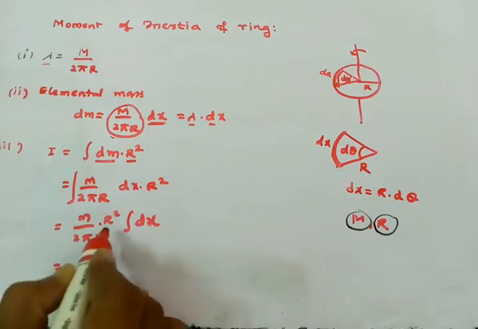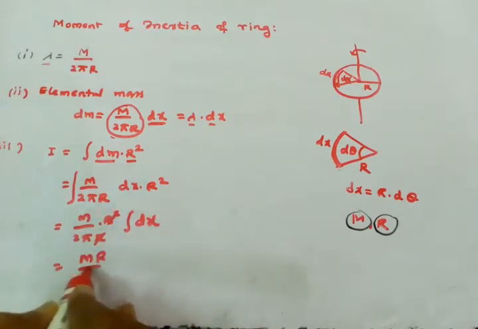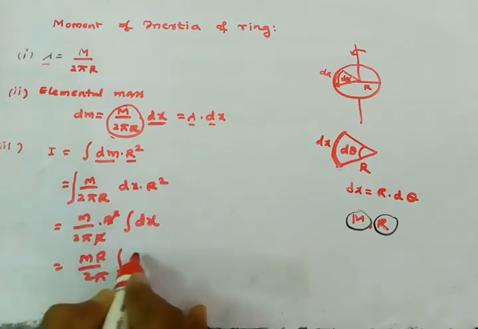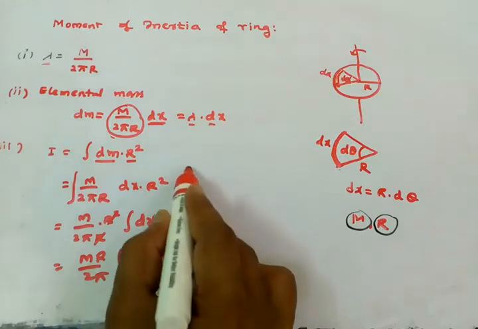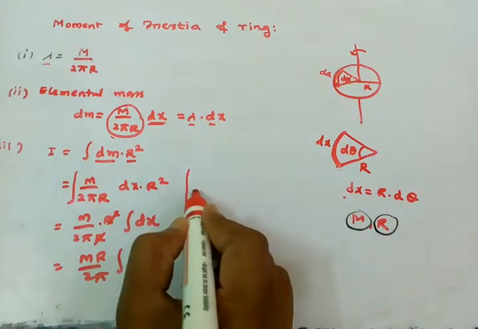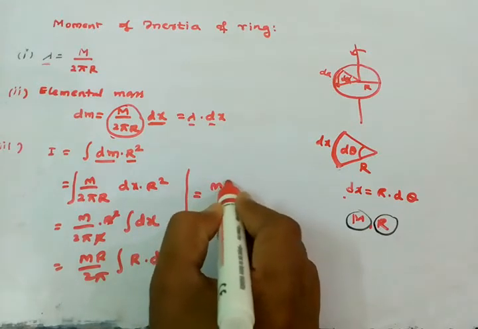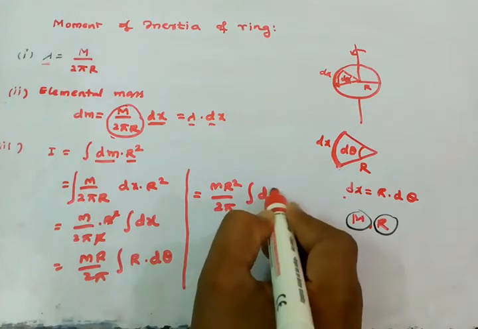Now, dx equal to r into d theta. Here we have that one. Then m r square by 2 pi whole d theta will be there.